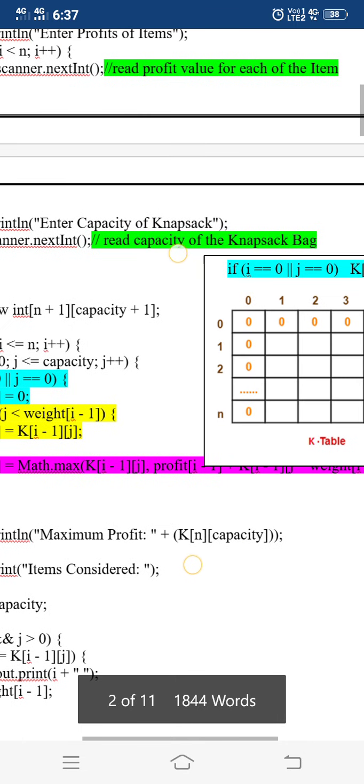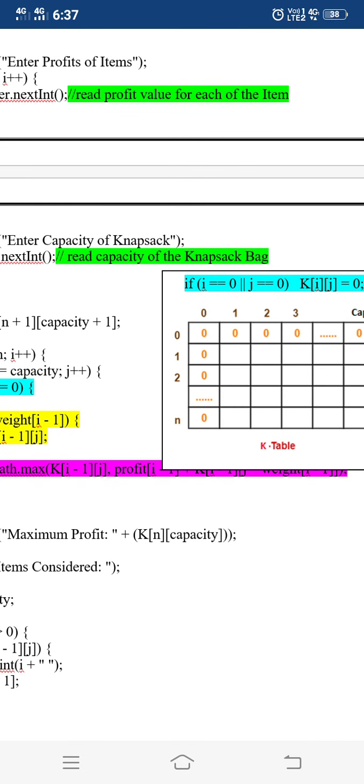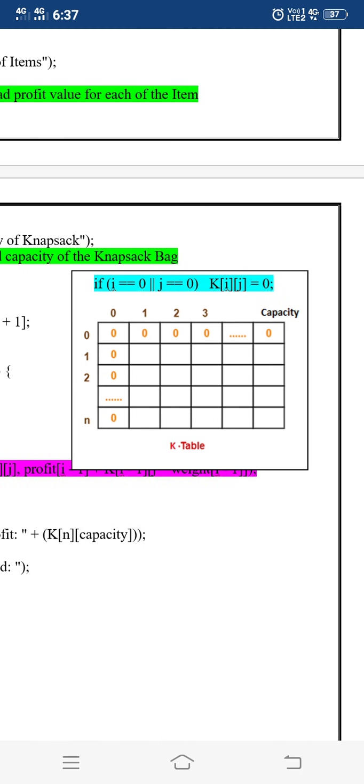So like this we will read the values for all the n items. That is, rows represent the number of items and columns represent the capacity. The capacity will vary from 0 to the capacity of the knapsack. The rows vary from 0 to n, that is the number of items.